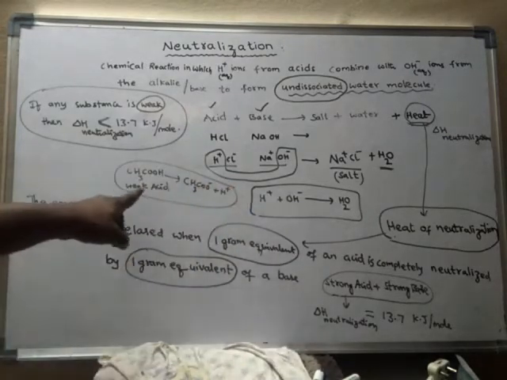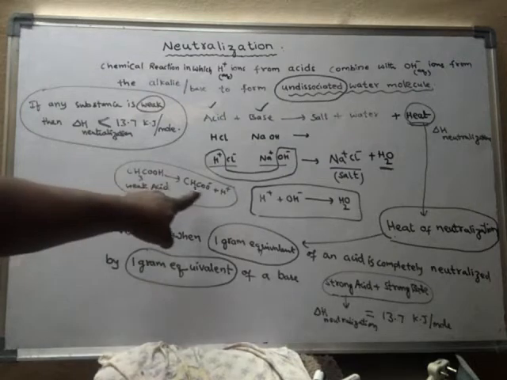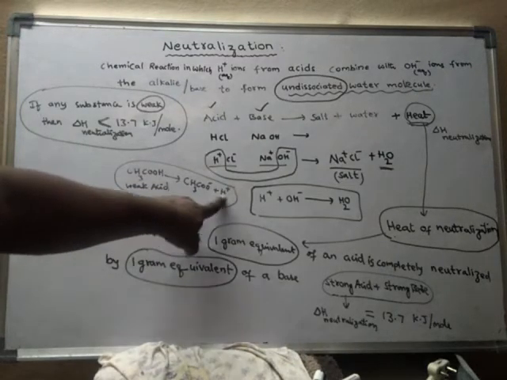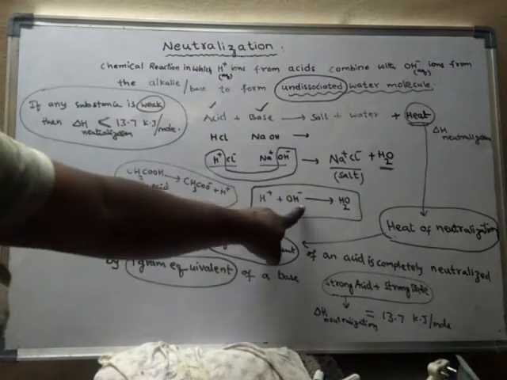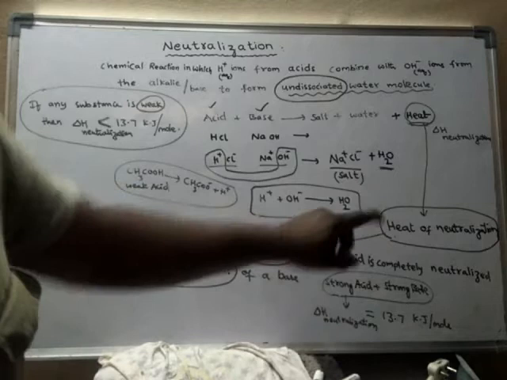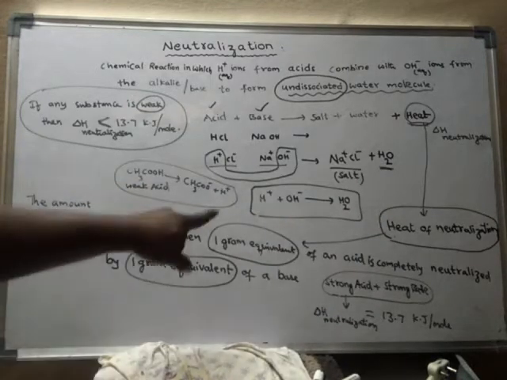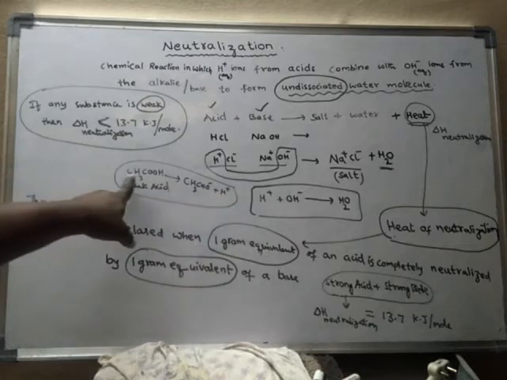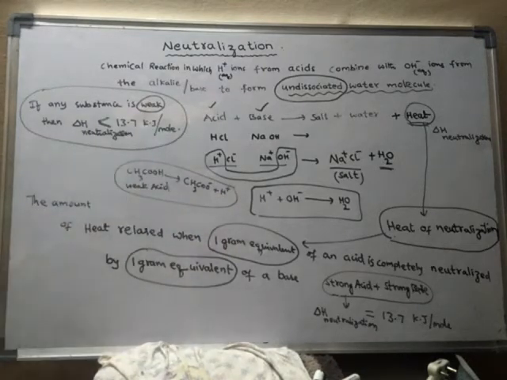An acid should give H plus ions, and these H plus ions combine with OH minus ions from the base to form water. If H plus ions are not formed easily, then such an acid is said to be a weak acid.